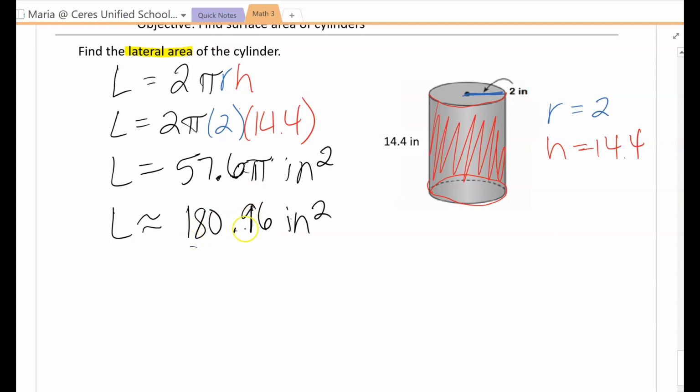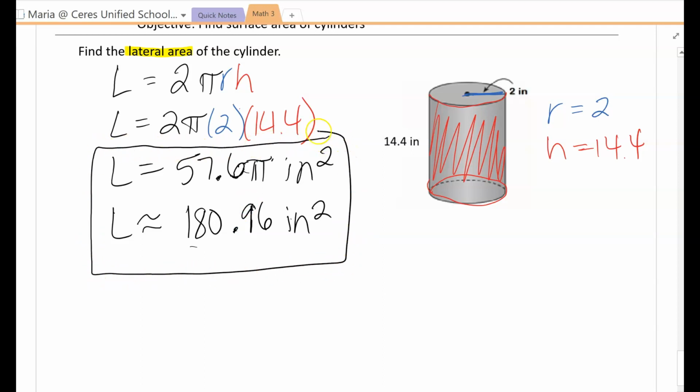If it asks for the nearest whole number, that's also 181. So the more decimal places you have, the more accurate your answer is. But if it doesn't ask you to round to a specific thing, you're safe with either the 10th place or the 100th place. Okay.